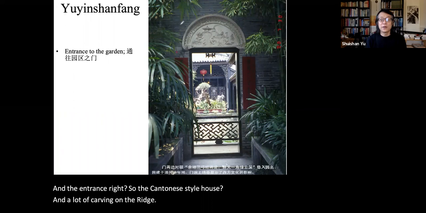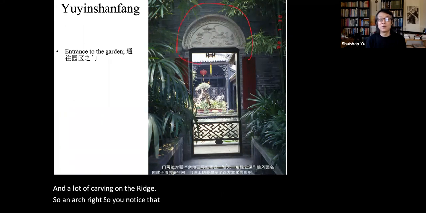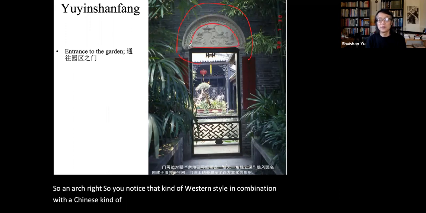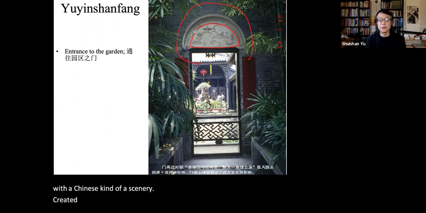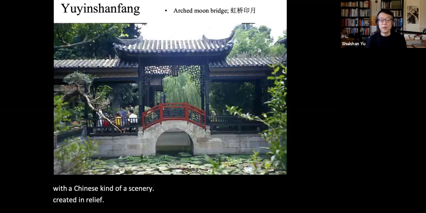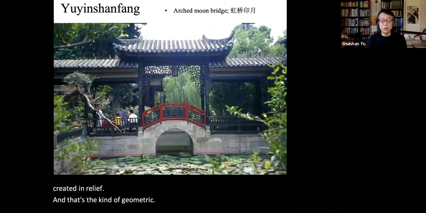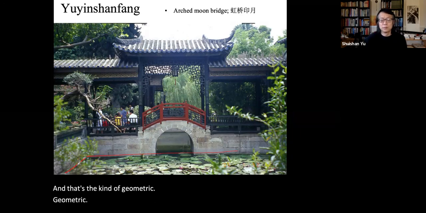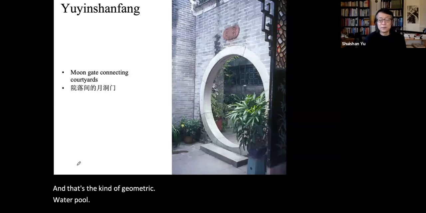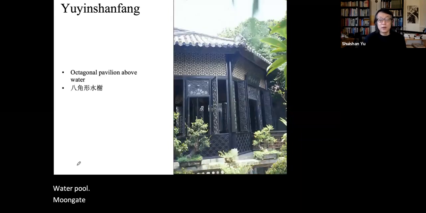An arch, right? So you notice that Western style in combination with Chinese scenery, but created in relief. And that's the geometric water pool, moon gate, and a building walled with glass.